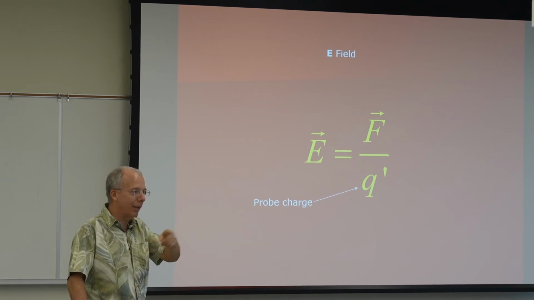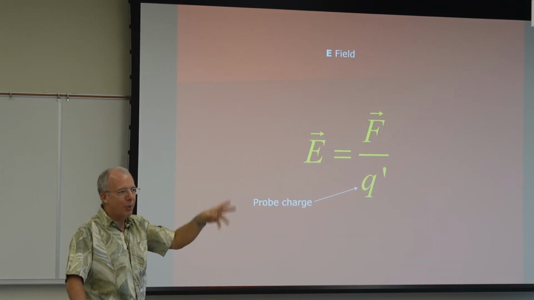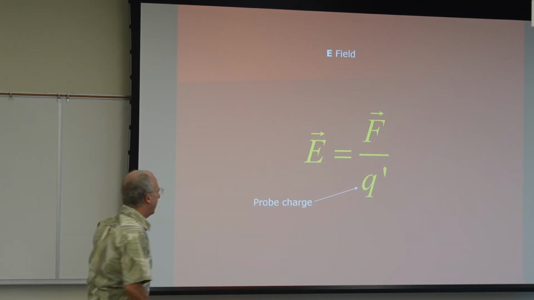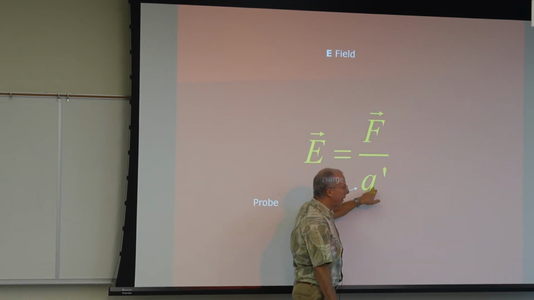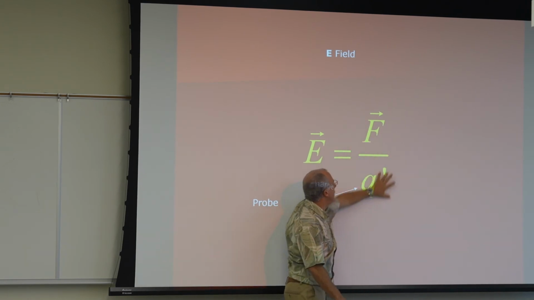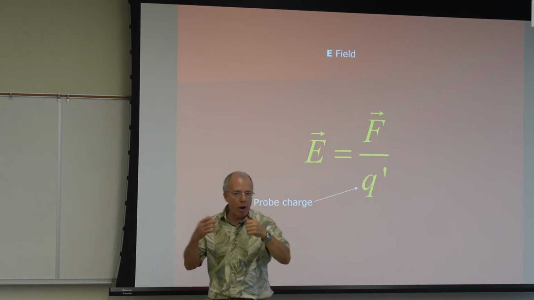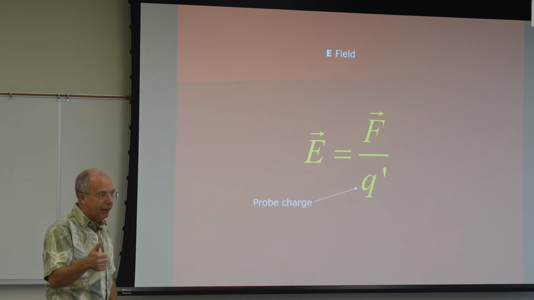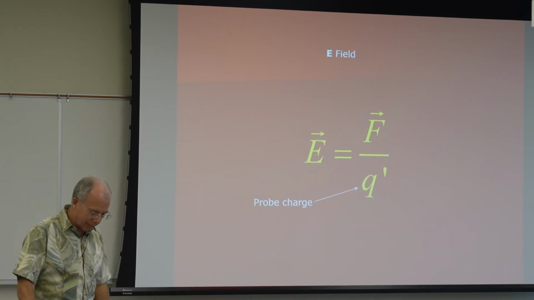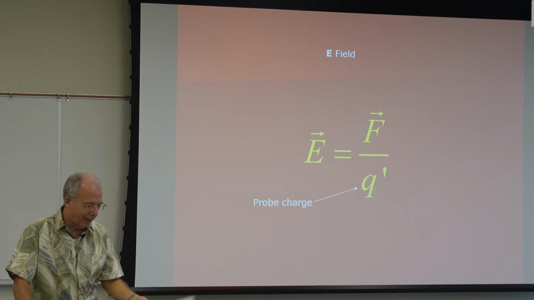That's kind of a big deal, so you want to think about that. Again, the force depends on both charges. So if we divide by the probe, this only depends on the charge that created the initial E field. So the probe is like the nose. Are you with me?